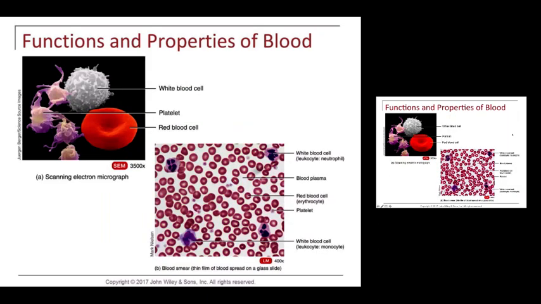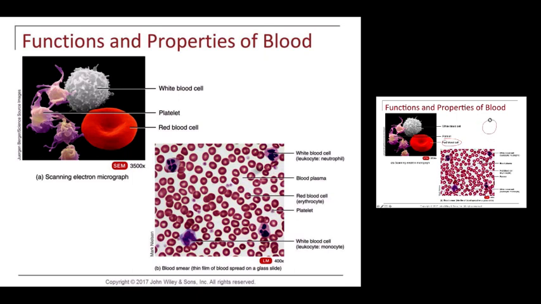Okay, let's look at some of the functions and properties of red blood cells. One of the things that we can easily point out when we look at this RBC or erythrocyte, look at the shape of that, right? It's considered to be a biconcave disc. They're anucleated, meaning they don't have a nucleus. And if they did, there wouldn't be enough room for hemoglobin for the gases to bind, right?